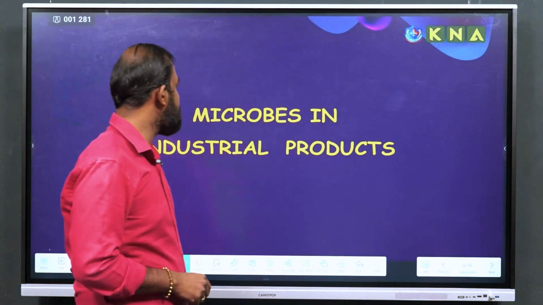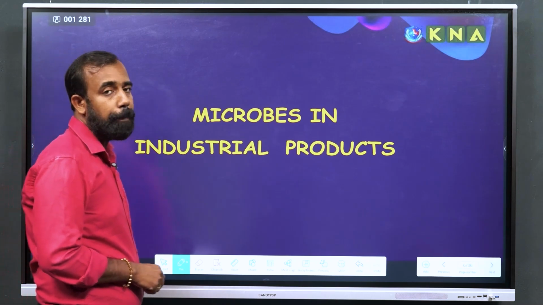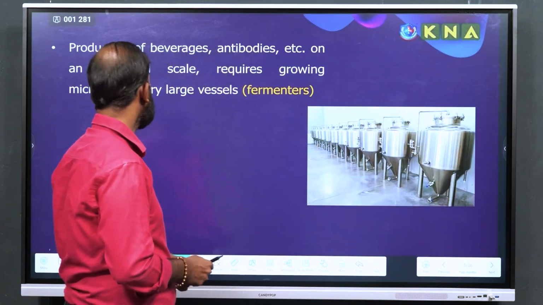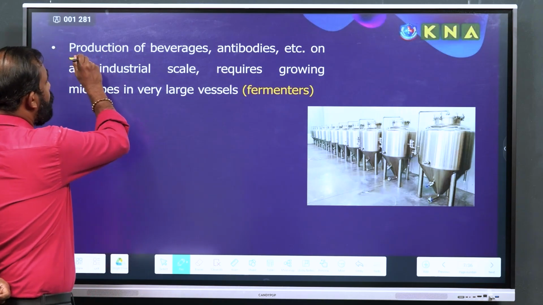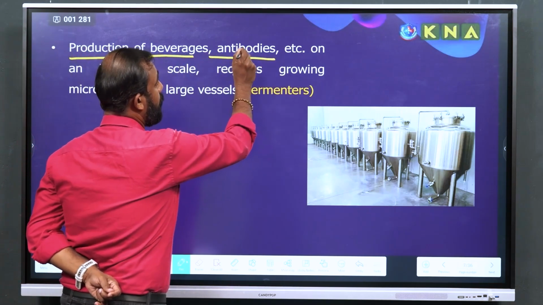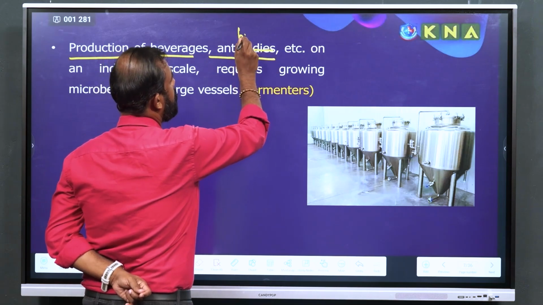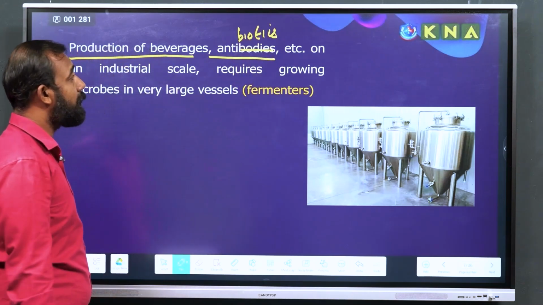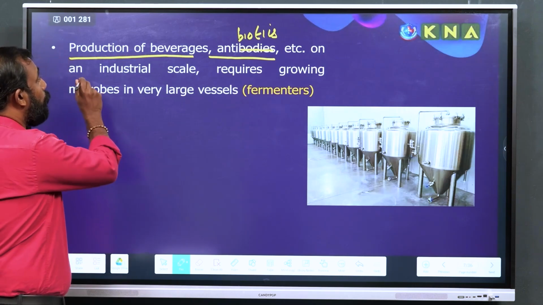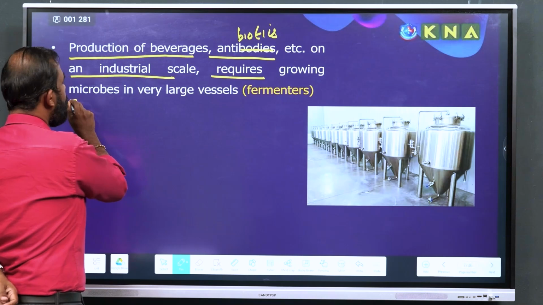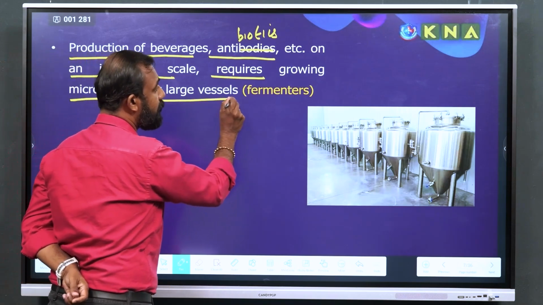Next we are going to discuss microbes in industrial products. The production of beverages, antibiotics, etc. on an industrial scale requires growing microbes in large vessels.